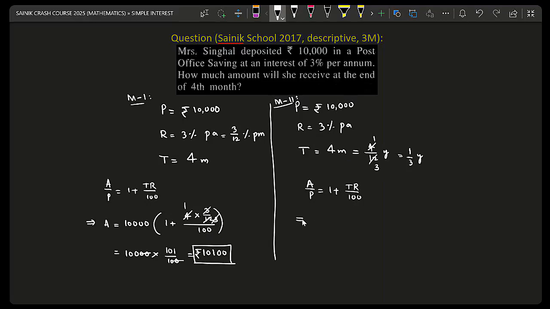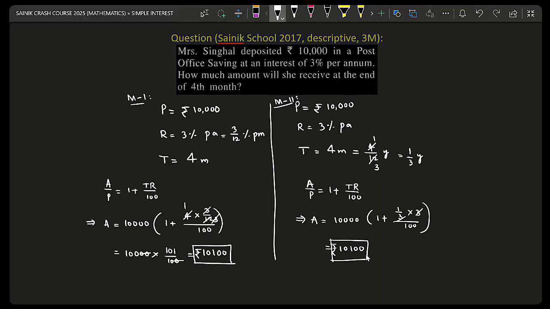I'm transposing P to the right side, so amount is equal to 10,000 times 1 plus, time period 1 by 3 and rate of interest 3 by 100. So 3 gets cancelled, and from here it will follow the same steps to reach 10,100, isn't it? Sir, yes. So what did you understand? Is there any condition that rate of interest should always be expressed in years?